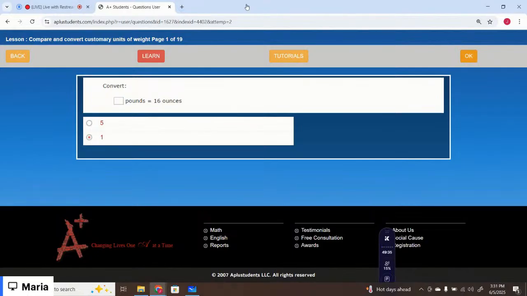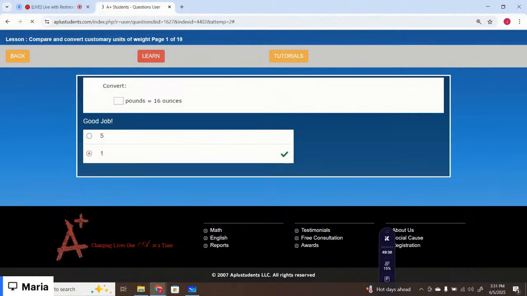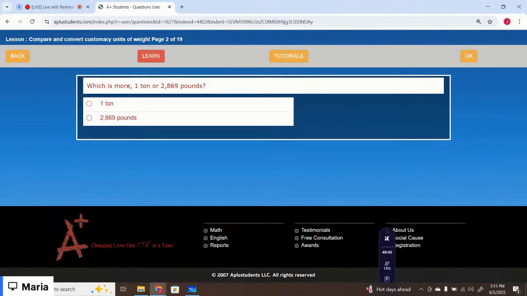Option number 2 is the correct option. Which is more, 1 ton or 2,869 pounds? 2,869 pounds is more than 1 ton, because 1 ton equals 2,000 pounds.